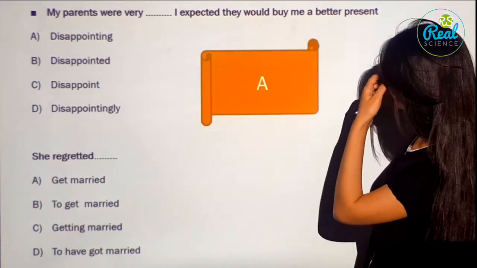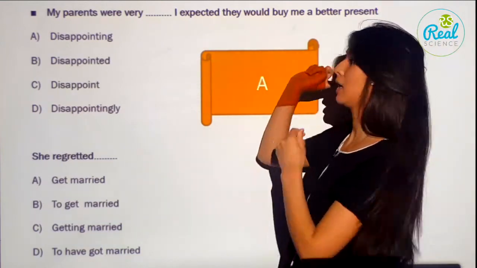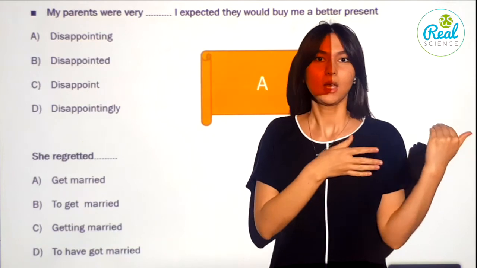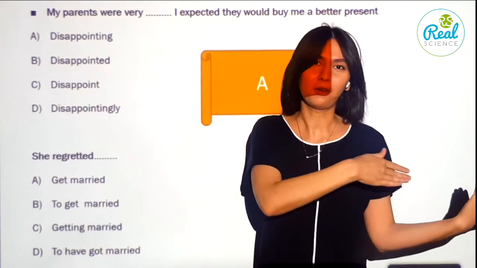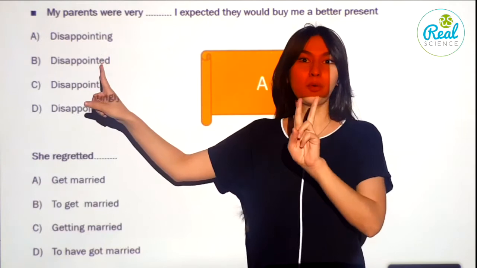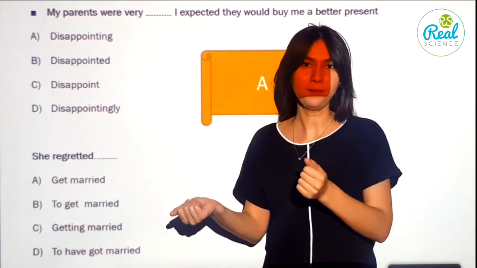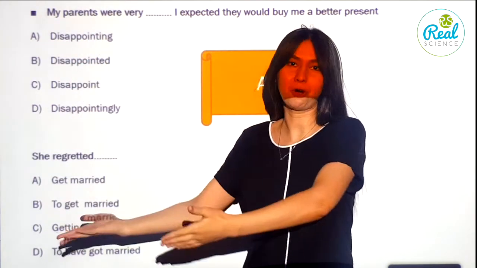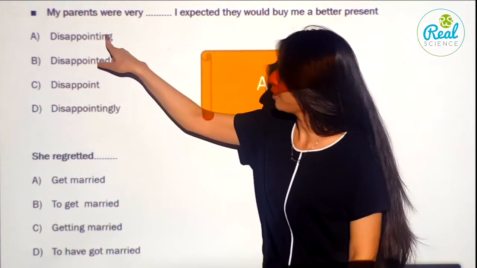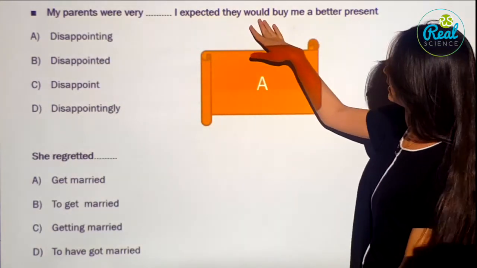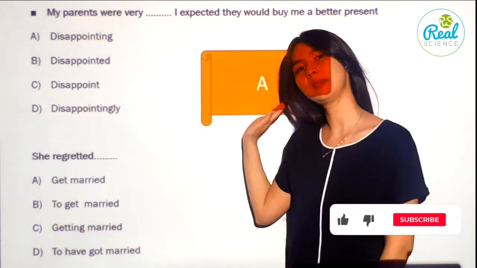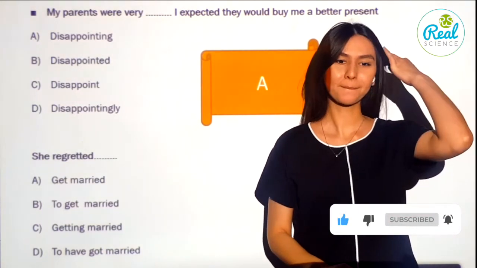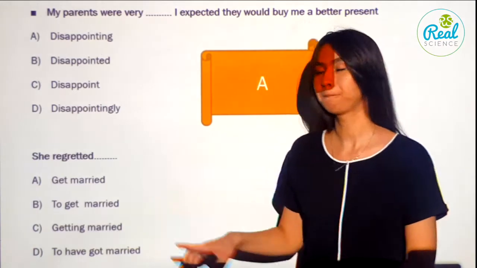I expected they would buy me a better present. So guys, here their parents were not disappointed from this guy. So they were disappointing her, okay? That's why we use it here, not disappointed, but disappointing. It was like vice versa. They were not disappointed, but they were disappointing her. So my parents were very disappointing, like me, because I expected they would buy me a better present. That's why here the best option is A. Okay? Understandable. So next one.